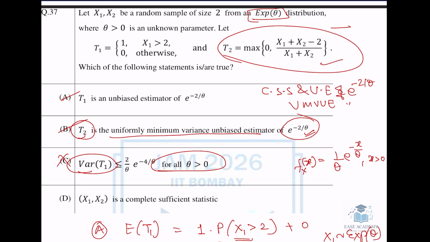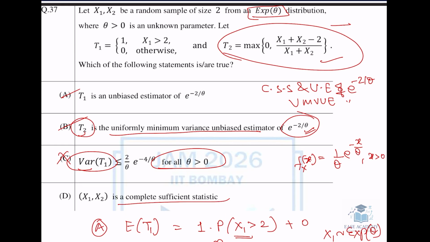Now to check whether (X1, X2) is a complete sufficient statistic or not: we have a parameter of dimension 1 only, and we have a statistic of dimension 2. The whole random sample is actually always sufficient.